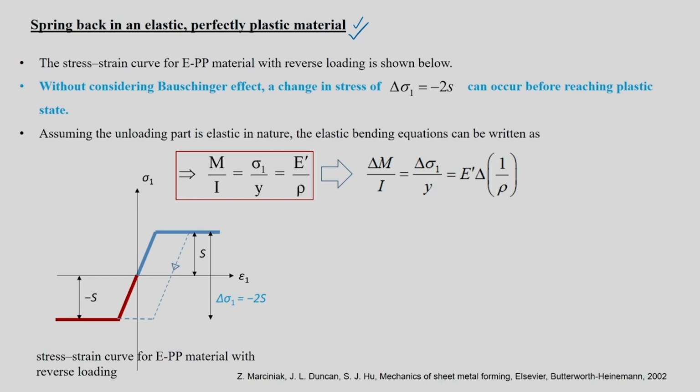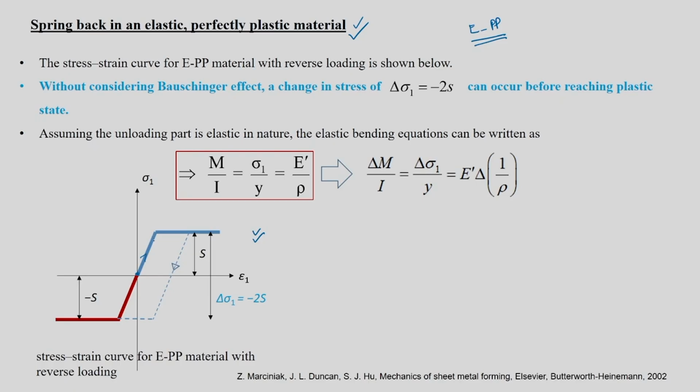Elastic perfectly plastic, EPP, we just now discussed how your stress distribution would be and how your moment curvature diagram would be. For spring back in an elastic perfectly plastic material, we are going to use a similar model which we have already discussed, and a similar stress strain diagram is drawn for this particular case, but with reverse loading. Both are shown here. So, you are starting from here and you are moving like this.